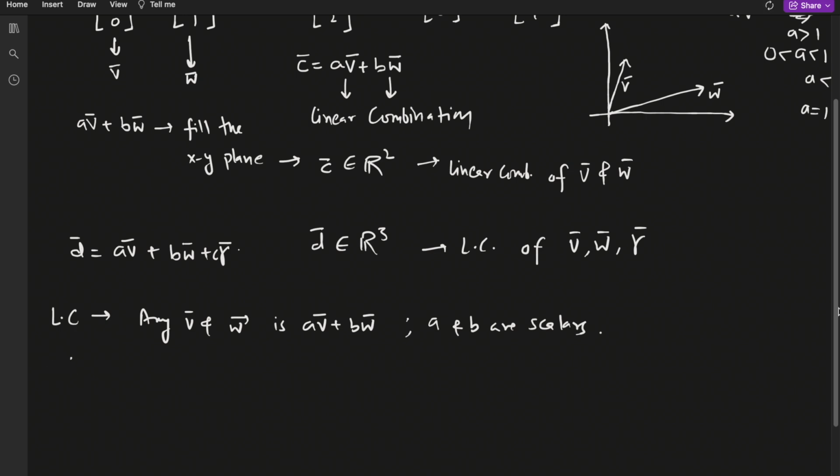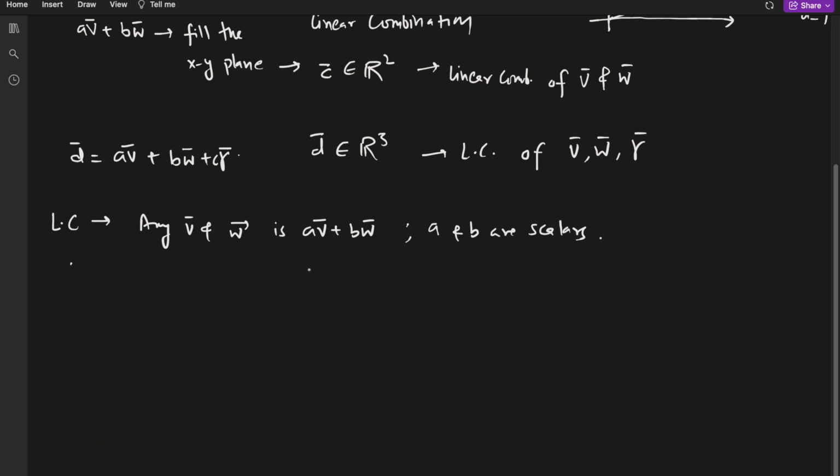Now there is an extension of this idea of filling the plane, which we call a span.